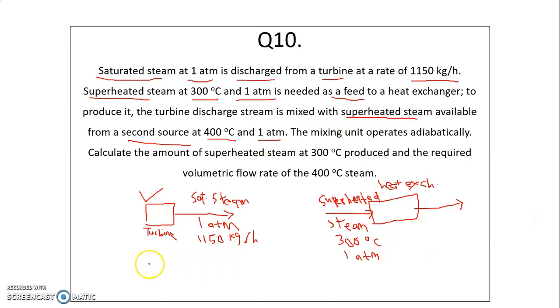So we need to draw one more source here, and this source is superheated steam. And what is the condition? 400 degrees C and 180 m.